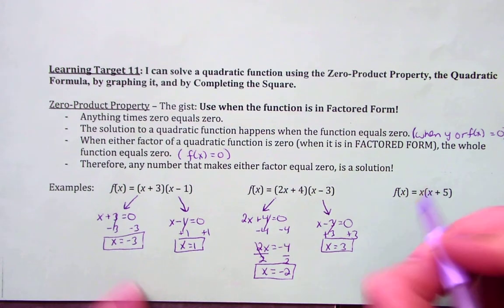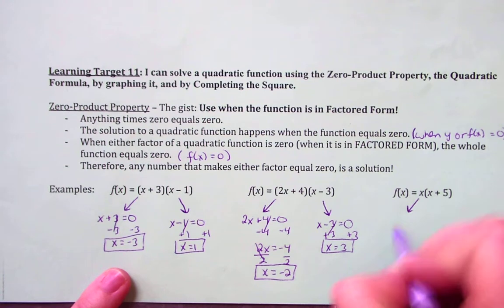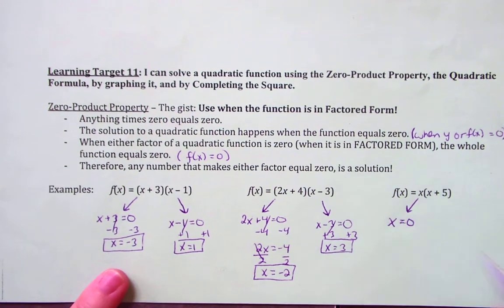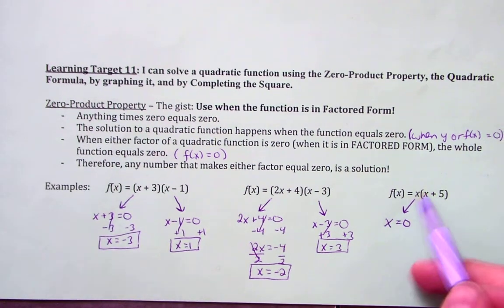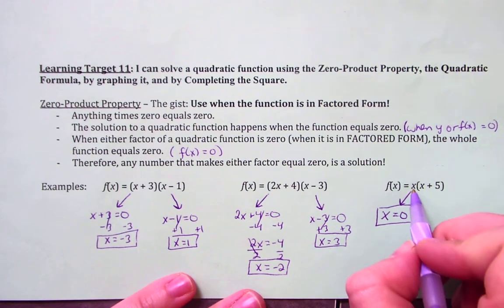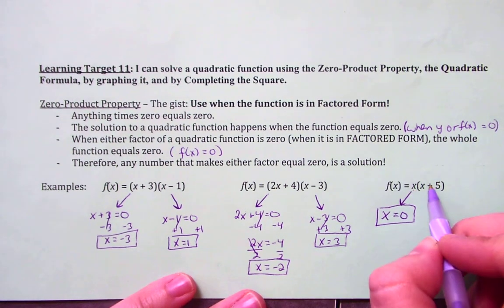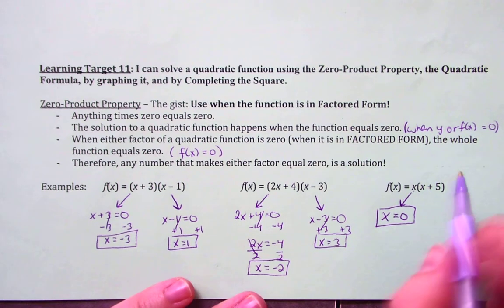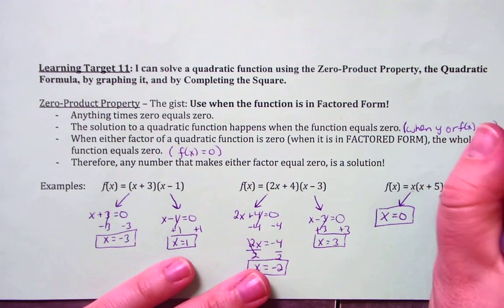This last one, this factor, if you set it equal to 0, you already have your answer. If x is 0, then that factor is 0. That would be a solution, because if that's 0, 0 times whatever the other factor is will be 0. So y would be 0, and that would be an x-intercept.